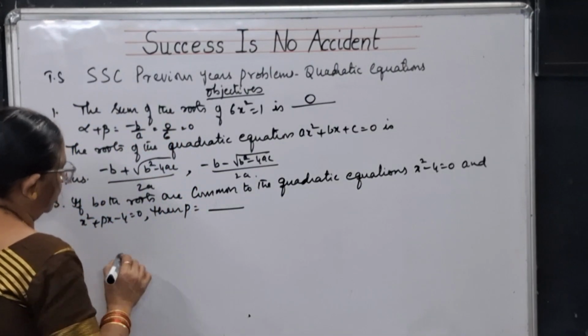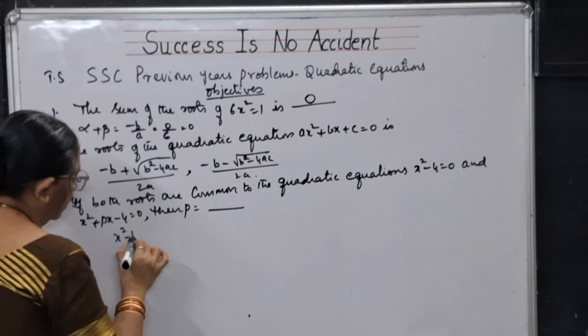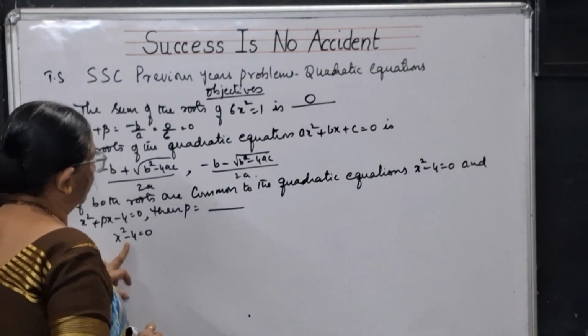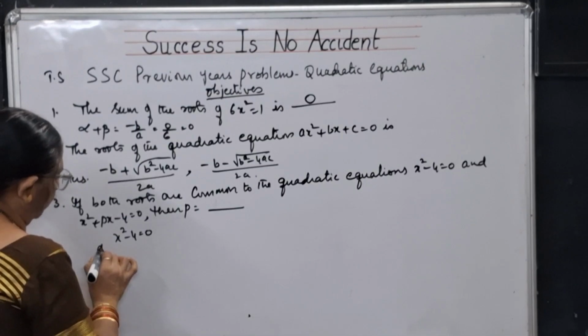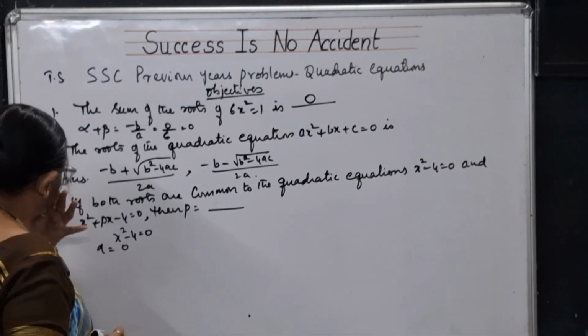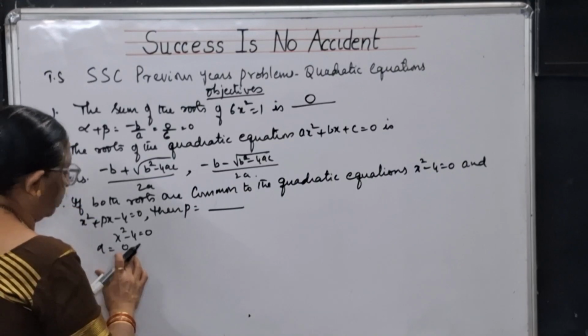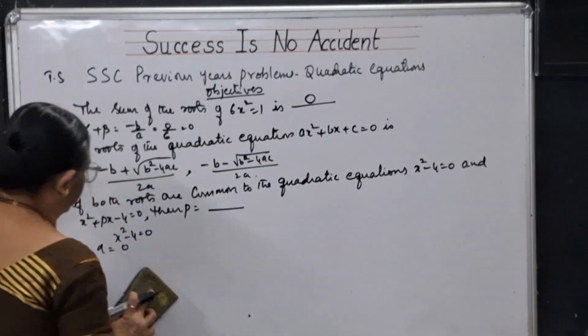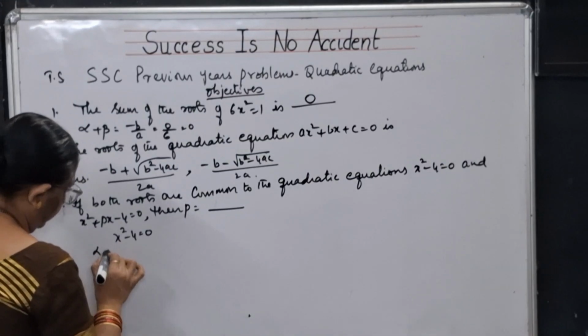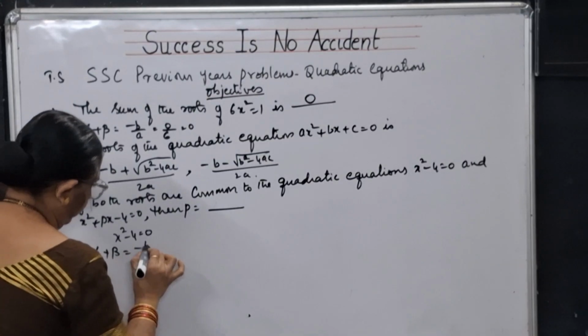X square minus 4 is equal to 0. That means here the x term is not there. So alpha plus beta is considered as minus b by a.